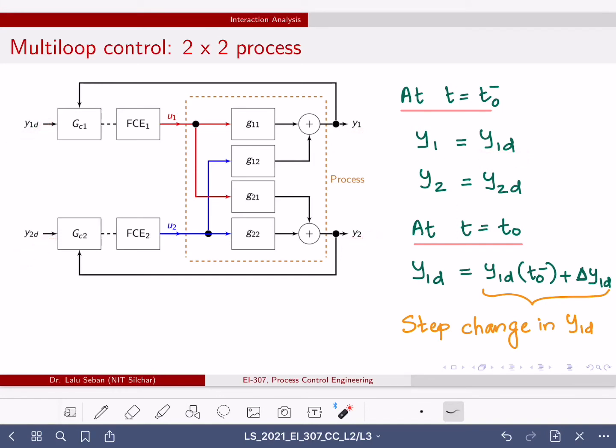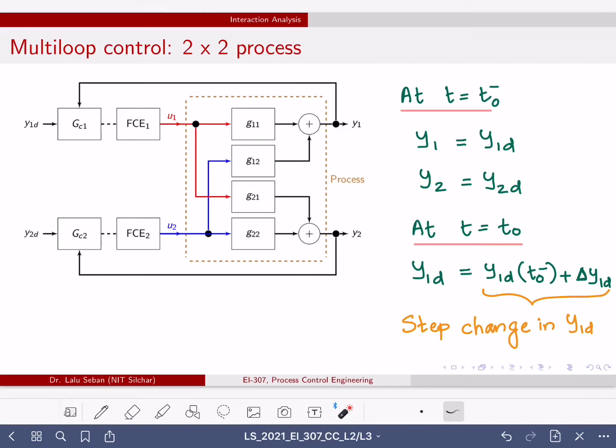That means the outputs are at steady state as well as at the desired value. Now at time t equal to t0, we are changing y1 desired by a delta value. So there will be a step change in y1 desired at time t equal to t0.